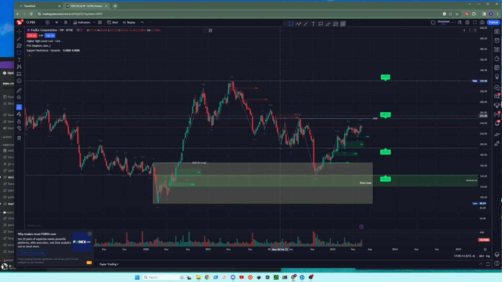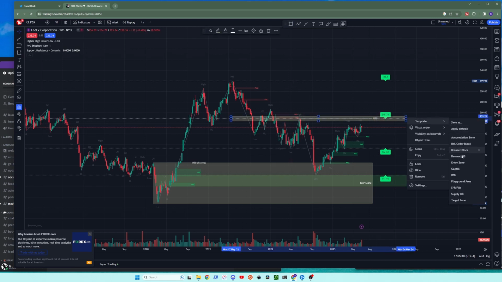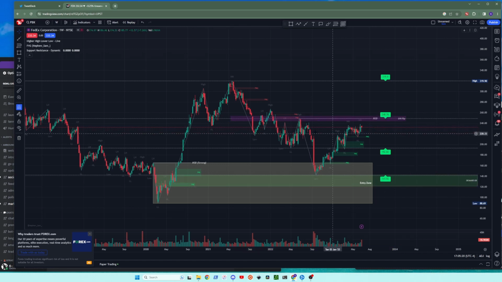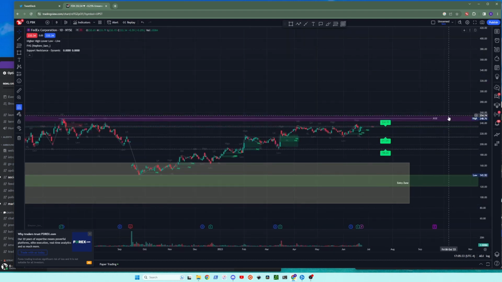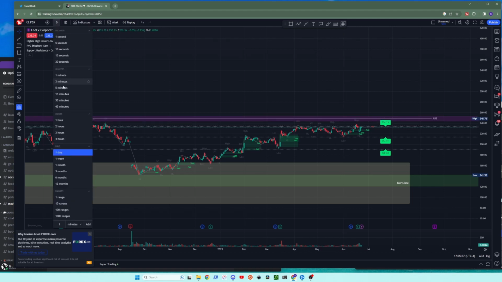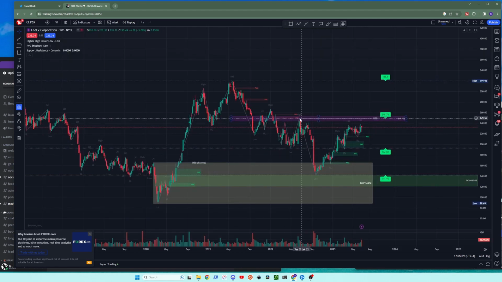So if I wanted to chart that out as a support resistance flip zone, you can. And the indicator I'm using for that is just called support resistance dynamic. But it changes based on the time frame you're in. So if I move to the day, see the dotted lines a little bit further down now, just because the area has changed.